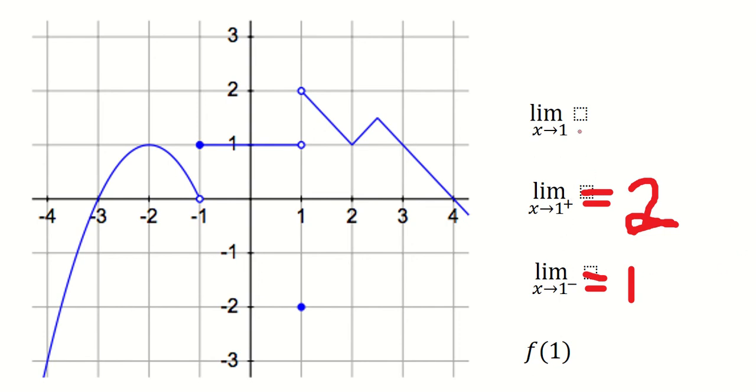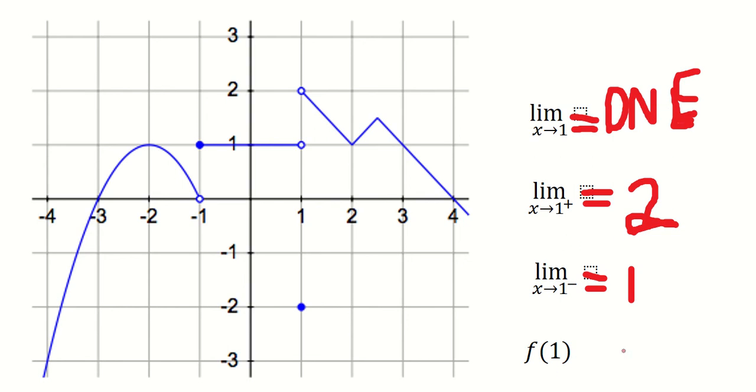If these two are not the same, then the limit as x approaches 1 does not exist. Because again, they have to be the same for this to exist. Okay, it does not exist.